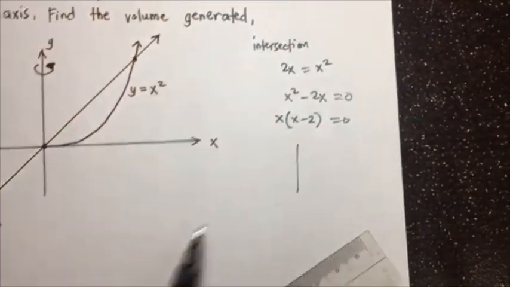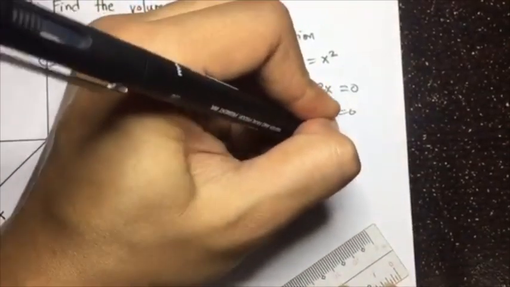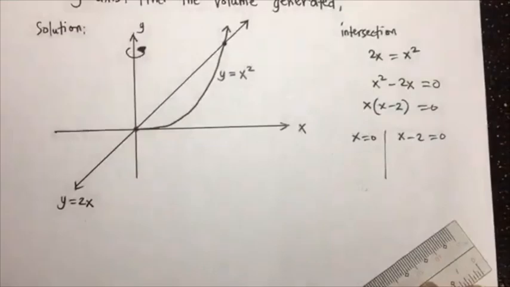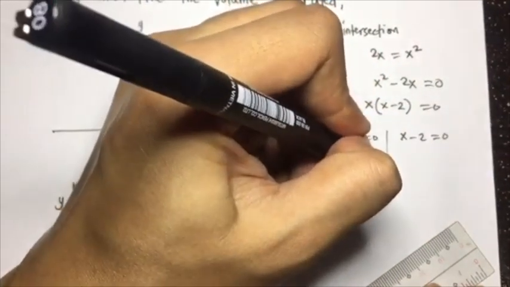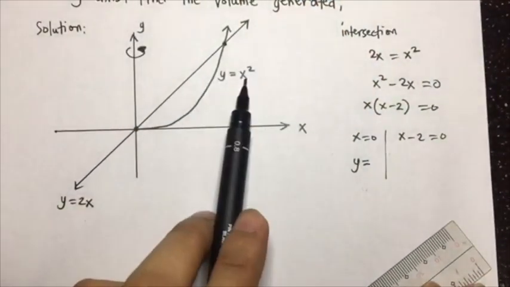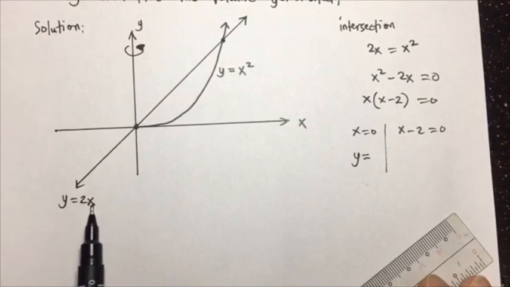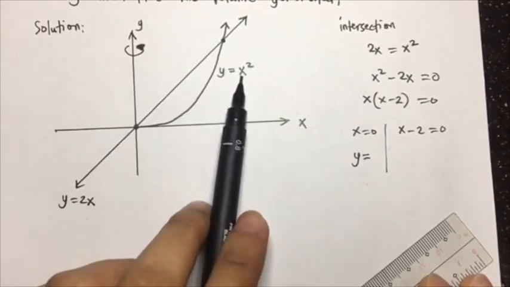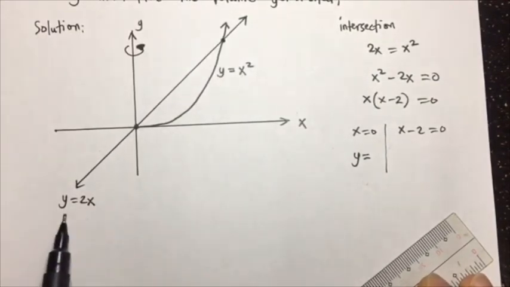Equate the factors to 0, so we'll have x is equal to 0 and x minus 2 is equal to 0. At x is equal to 0, substituting into either equation, y is equal to 0.